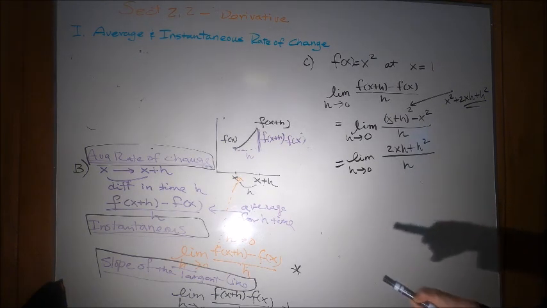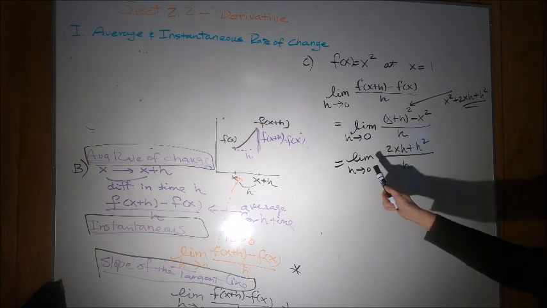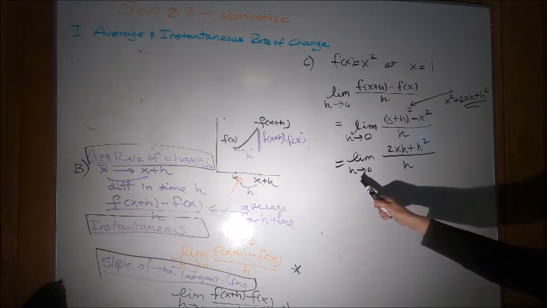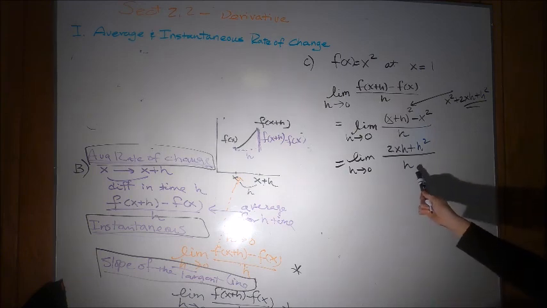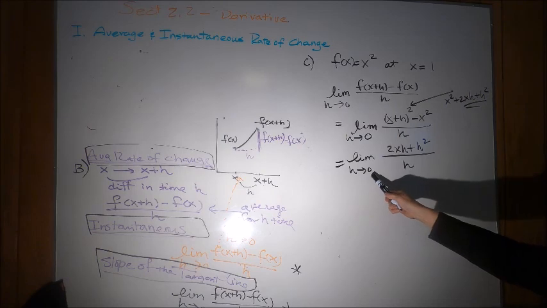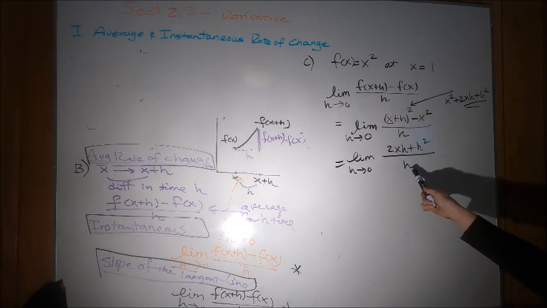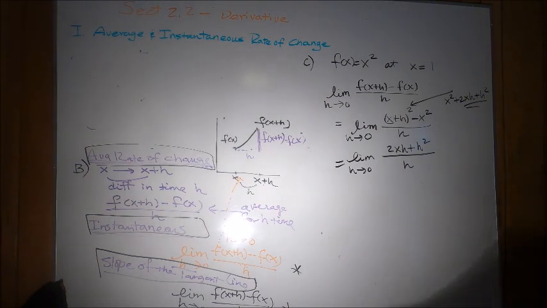So when we find the limit, we just use the rules, directly apply, plug in, if we can. For this instance, can we directly plug in h equals 0? Not really, because it will make the denominator 0. So what do we do? We try to simplify first, right?